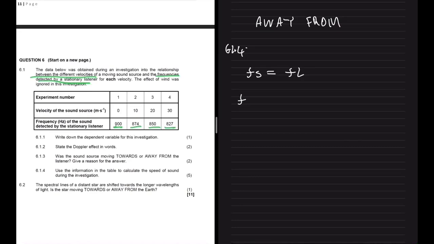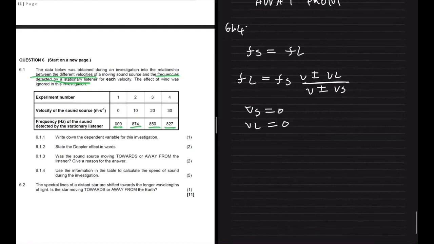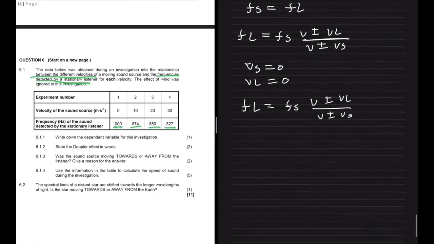We know that FL equals Fs times V plus or minus VL, divided by V plus or minus Vs. In experiment 1, the velocity of the source is 0, and the listener is stationary, so the velocity of the listener is 0. Putting that into the equation, we get FL equals Fs multiplied by V plus or minus 0, divided by V plus or minus 0.